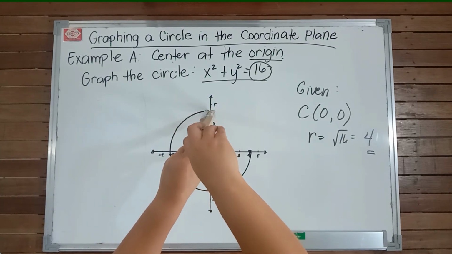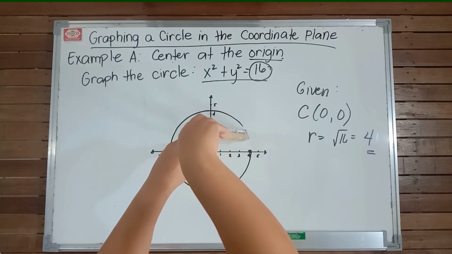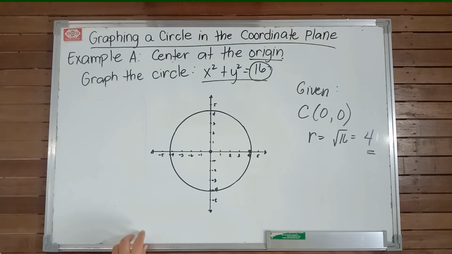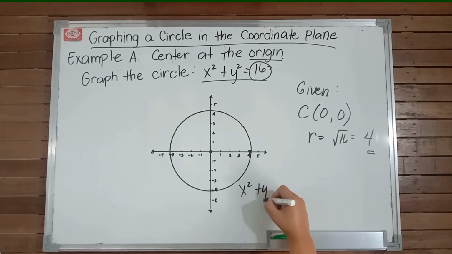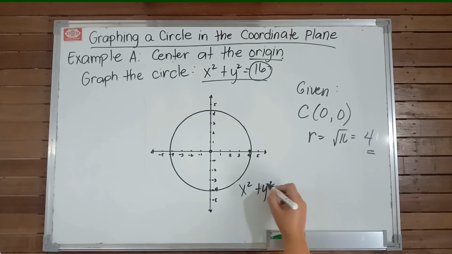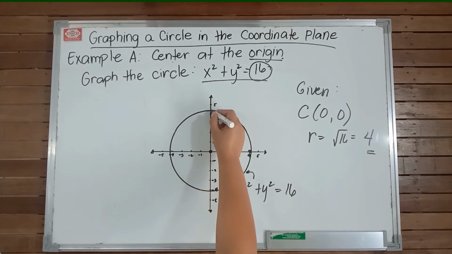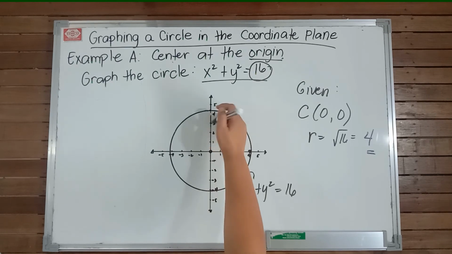So, dyan sa ating graph, hindi natamaan yung mga 4 natin kasi hindi masyadong accurate yung aking pagkakaguhit. That is why it is advisable for you to use graphing paper while doing this graph. So, you must use a graphing paper in graphing. So, that is our circle x squared plus y squared equals 16.